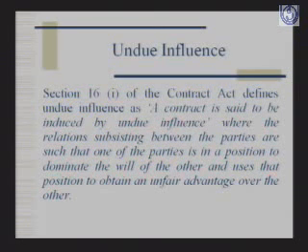Undue influence means when the relation between two persons is such that one of the parties is in a position to dominate the will of the other. So note the position: when a person is in the position to dominate the will of the other party and uses that position to obtain an unfair advantage over the other.